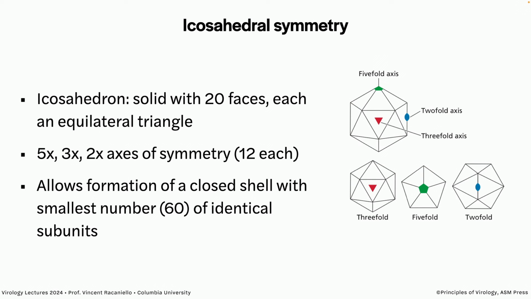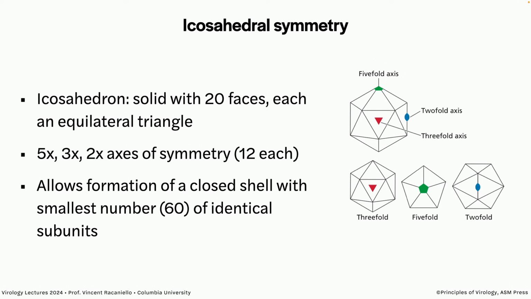All those mean is that there are 5 structures around the 5-fold axis. So for the 5-fold axis, you can see there are 5 triangles around it. For the 3-fold axis, there are 3 sides of a triangle around it, and for a 2-fold, there are 2 sides of a triangle. You can see that actually better right here. The 5-fold here in green, the 3-fold, and the 2-fold axis.